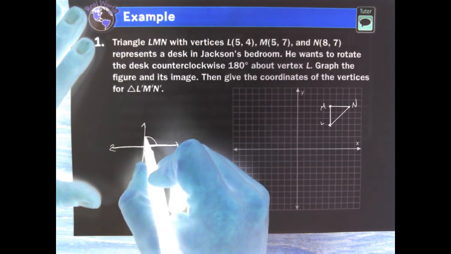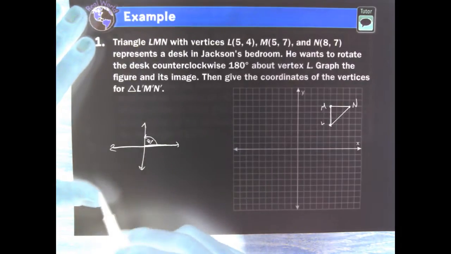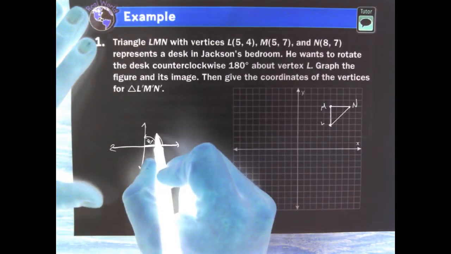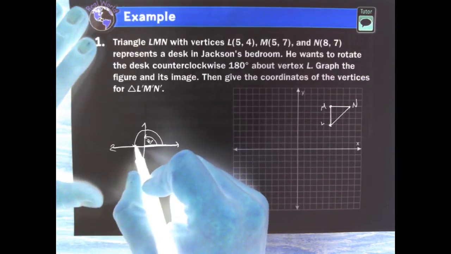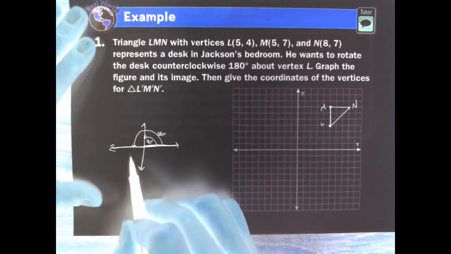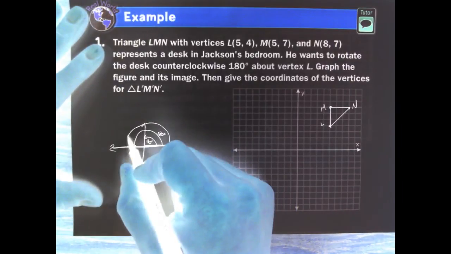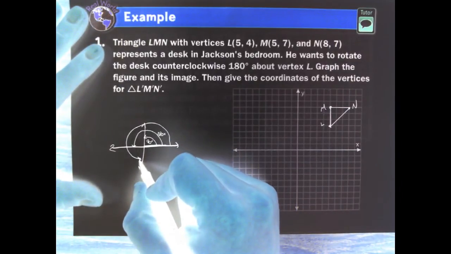So this first one here is 90 degrees. One axis. We go through that one to the second one, that would be 180 degrees. Okay? Two axes all the way around. 3 would then be 270.